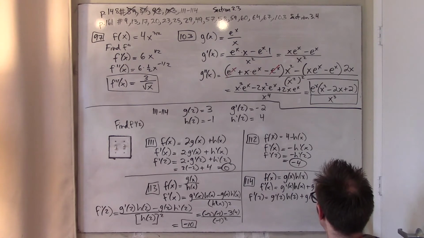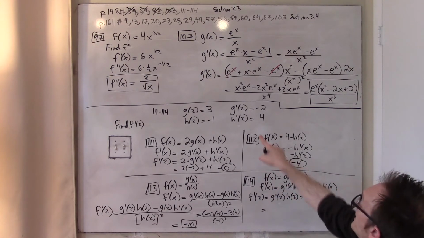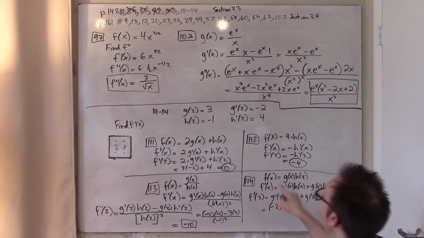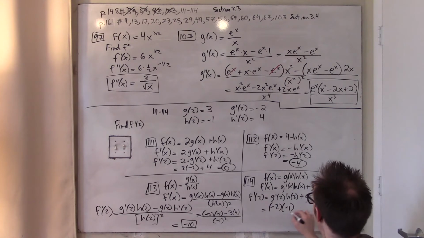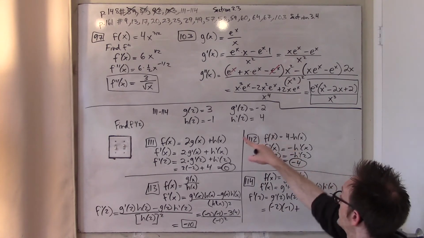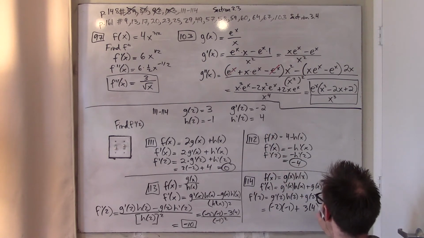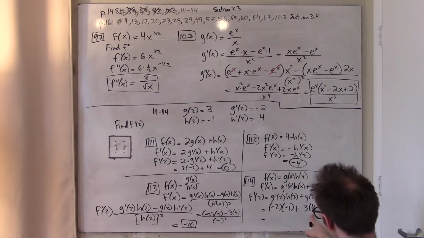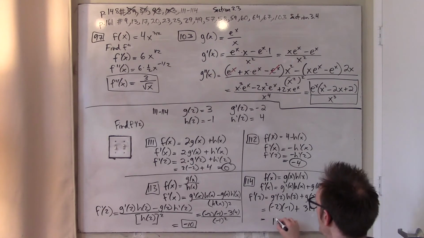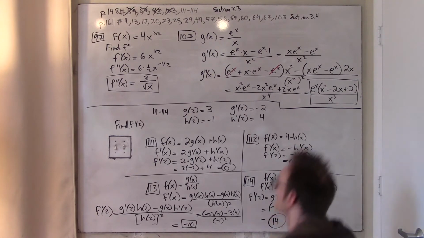And alright, therefore we just stick them all in, right? G prime of 2 is negative 2, h of 2 is negative 1, g of 2 is 3, and h prime of 2 is 4. So now that's 2 plus 12, so that's 14 is my answer for that last one.